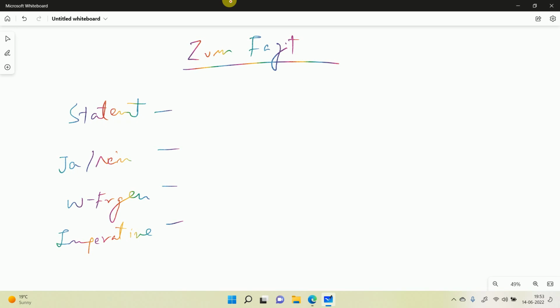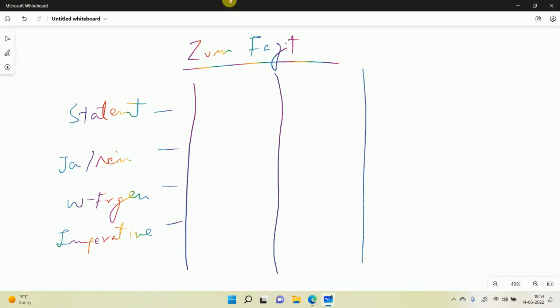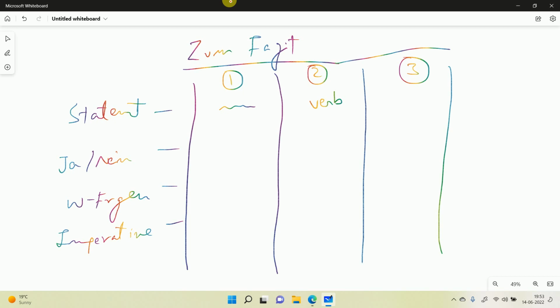Also, in a statement, let's say I am going to have 3 parts in a sentence. Ein, zwei, drei. So in a statement, we will be having something in the first position, and then comes the verb, and then again something will be there. I'll give a small example as well.